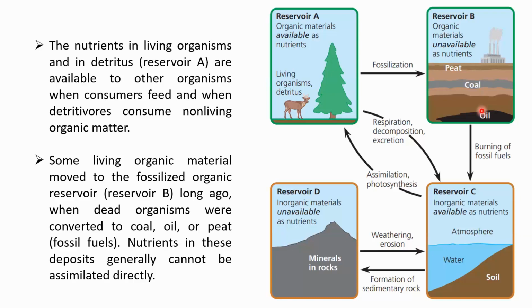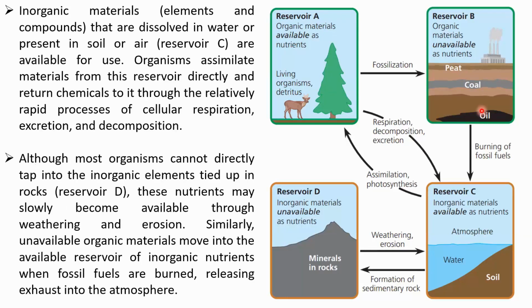So this is the characteristic of reservoir B, where organic materials are present but cannot be assimilated directly. The next is inorganic materials, elements or compounds. Burning of these fossil fuels releases inorganic materials that may be available as nutrients. Inorganic materials, elements and compounds that are dissolved in water or present in soil or air, that is reservoir C, are available for use.